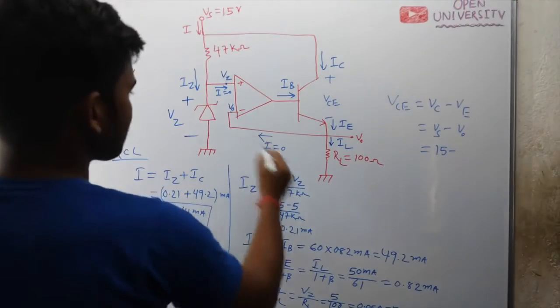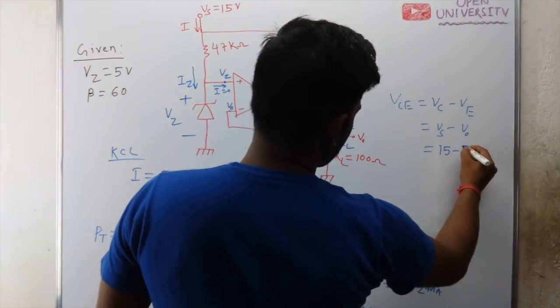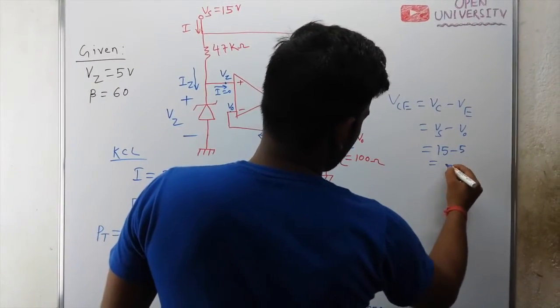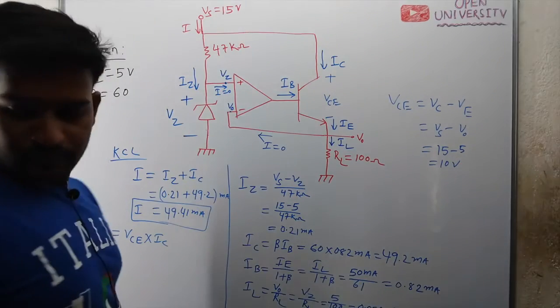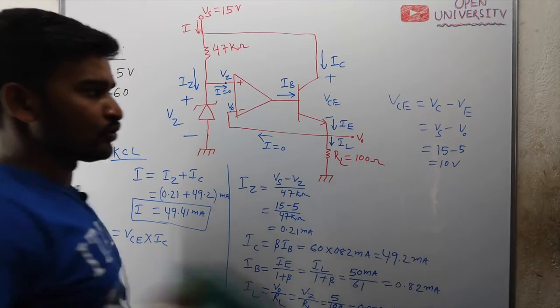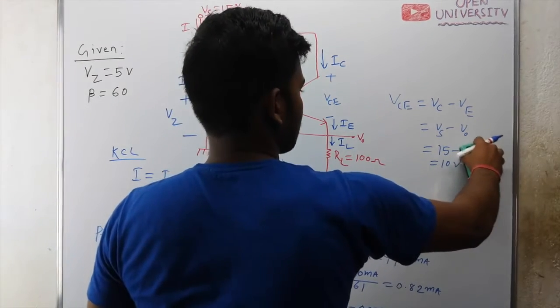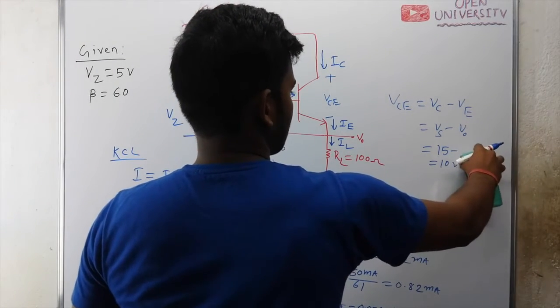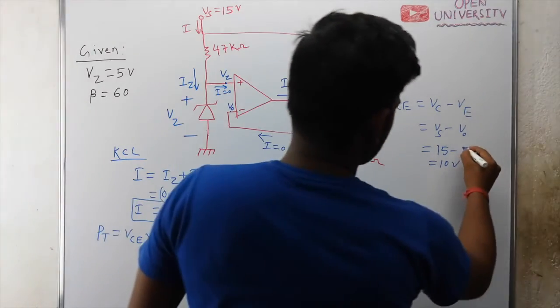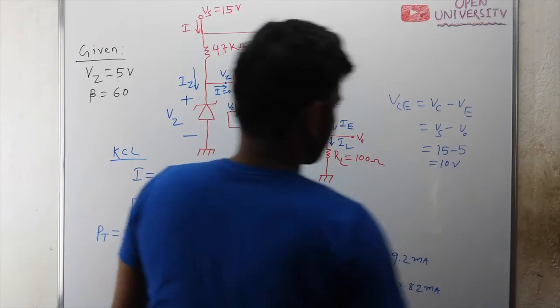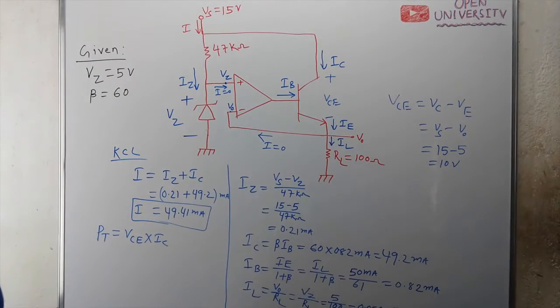That is 5. So your VC value is 10 volt. (15 minus 5) that is 10 volt.